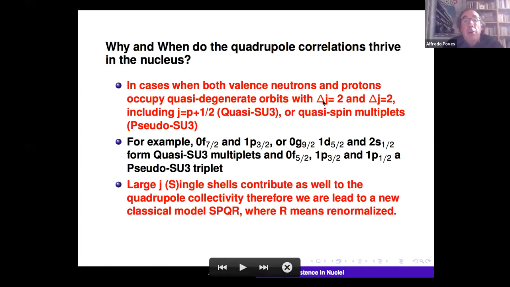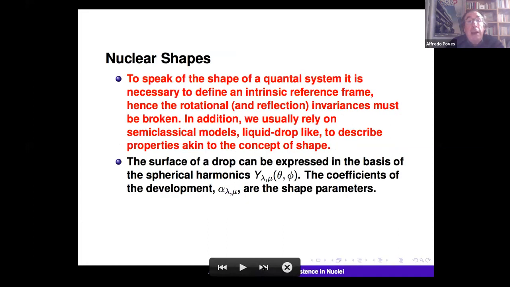You have the big orbit, and the partners are delta J equal 2, and delta L equal to, sorry, there is a mistake here, because they are connected strongly by the quadrupole operator. For instance, some examples of quasi-SU3 multiplets are f7/2, p3/2, g9/2, d5/2, s1/2, etc. And pseudo-SU3 will be, for instance, in the pf shell, everything except the aligned orbit. Okay, these are the players of the quadrupole game, and then we come to the nuclear shapes.